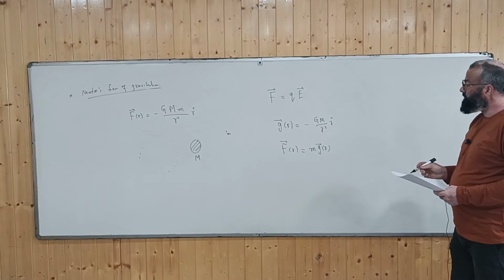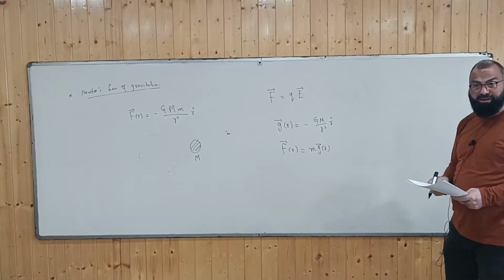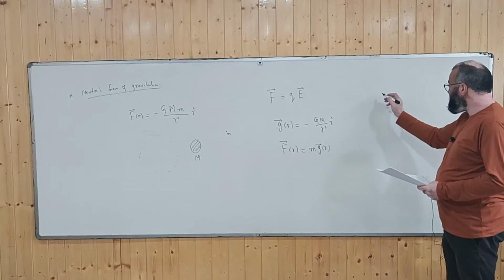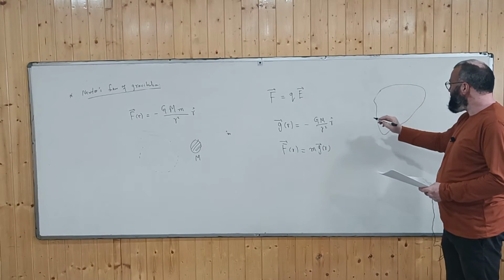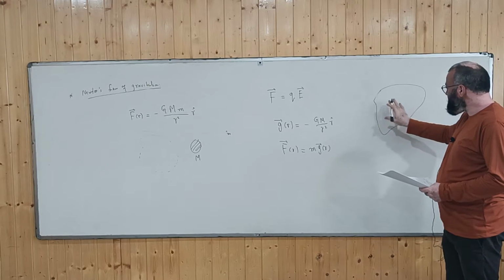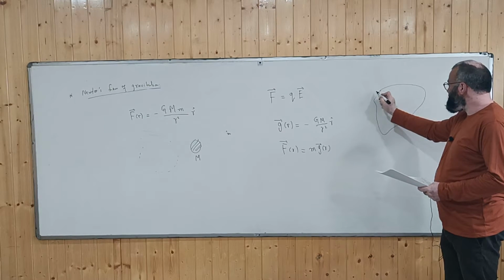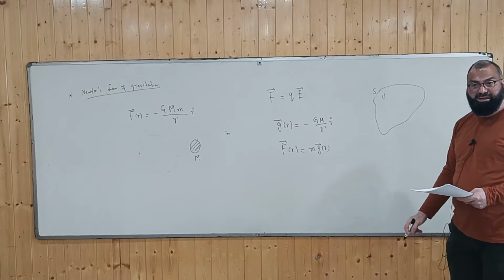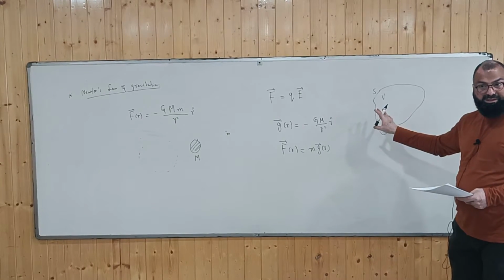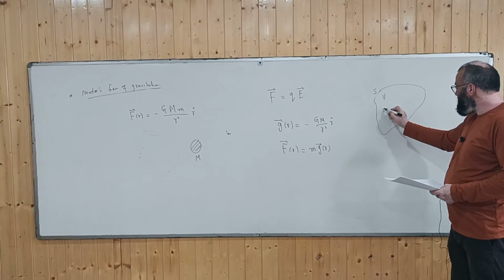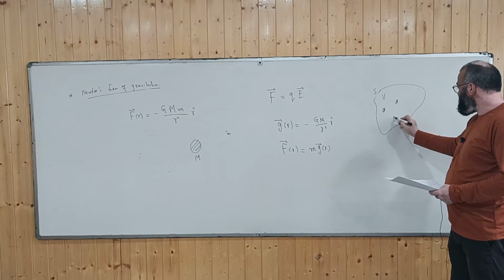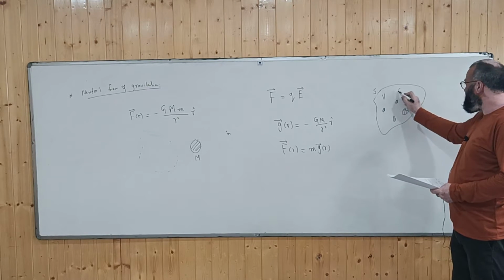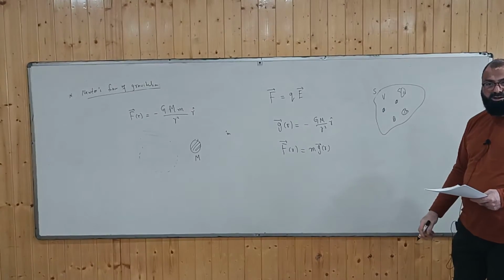Now we can redefine it in terms of the flux. Let's consider certain volume enclosed by some surface S, and there is a mass distribution within this surface. Let's say you have some mass here, some mass here, some mass here, an arbitrary distribution of masses.